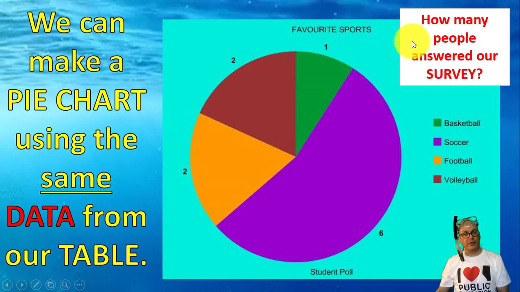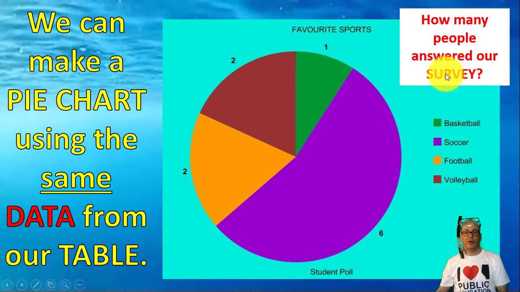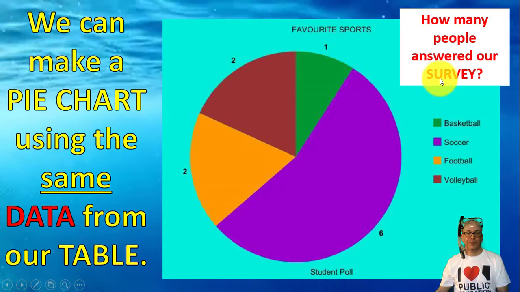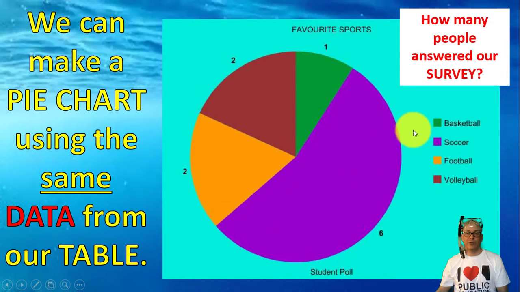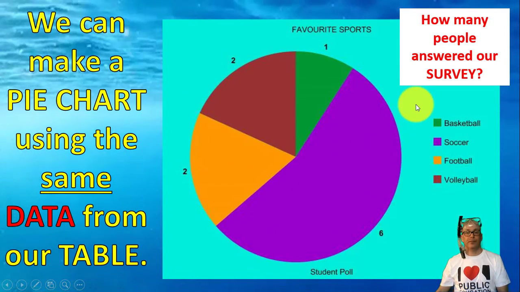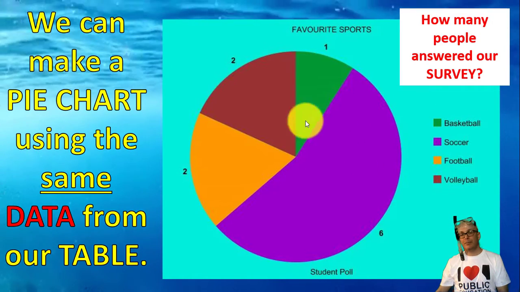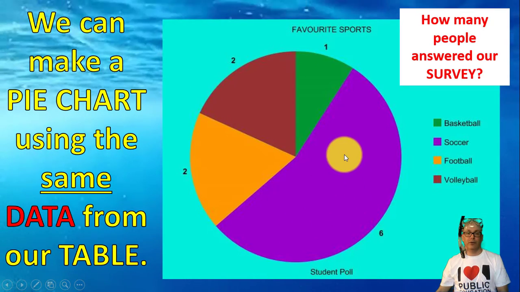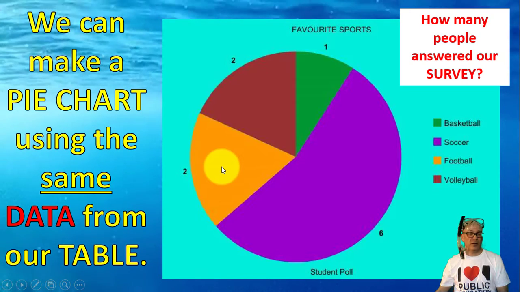Here's something for you to think about. How many people answered our survey? You can look at this chart and you can figure it out. 6? No. 6 people answered purple. They answered soccer was their favorite. But there were also 2 people who said football was their favorite.